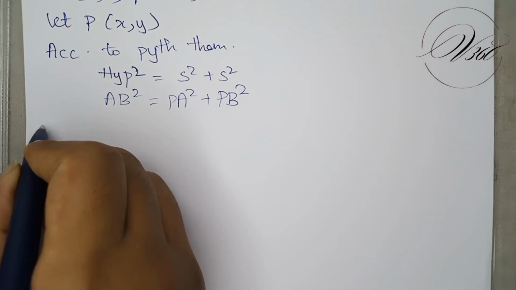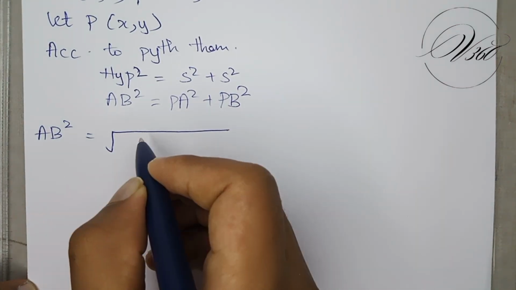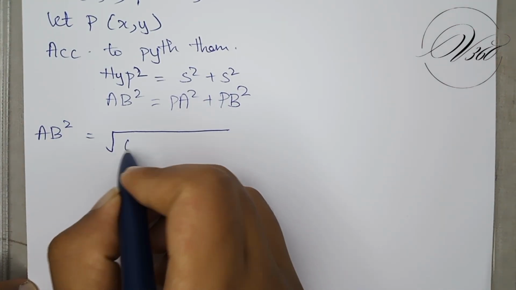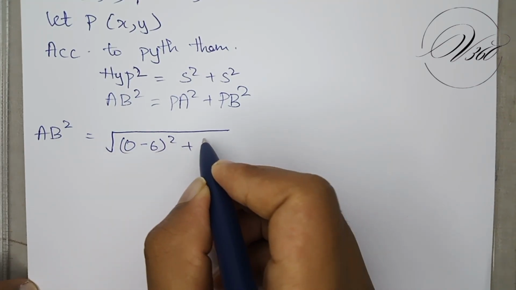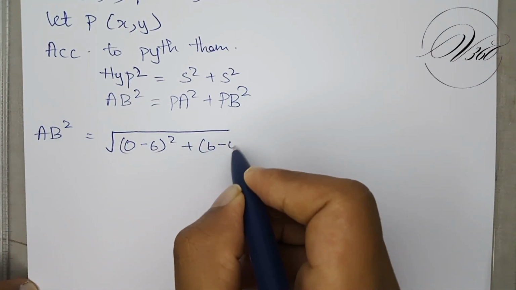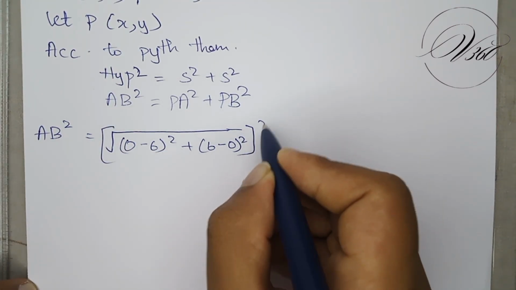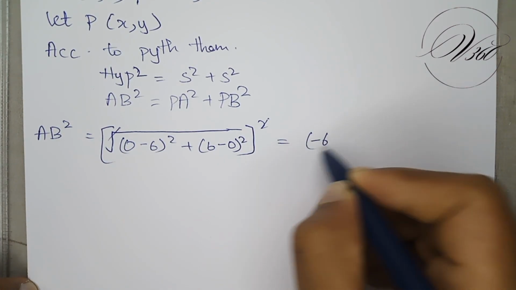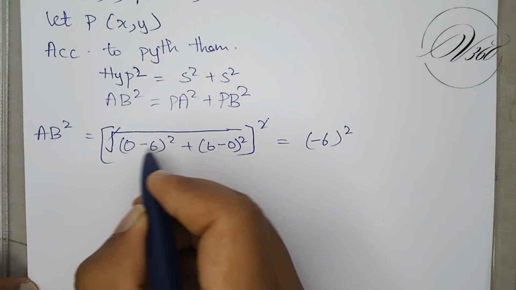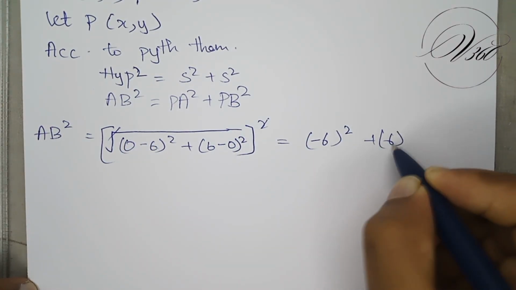Now AB square. AB square is nothing but under root 0 minus 6 whole square plus 6 minus 0 whole square, which is under a square root. Now squares and roots get cancelled. Now we'll get minus 6 whole square, because 0 minus 6 is minus 6, and 6 minus 0 is 6, plus 6 whole square.